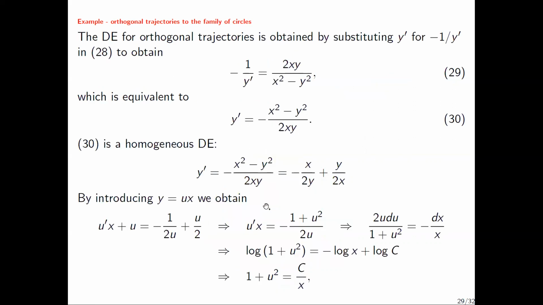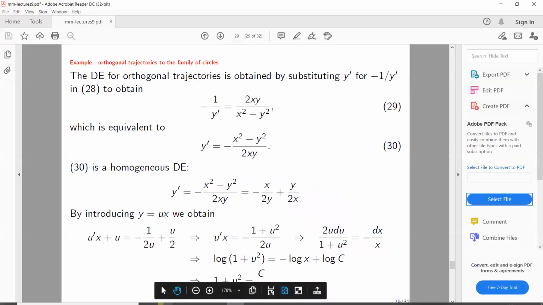And the first thing which I would like to show you is that even if we have such an equation, y prime is 2xy over x squared minus y squared, it's still possible to transform it into the homogeneous form. So we have y prime is 2xy over x squared minus y squared.